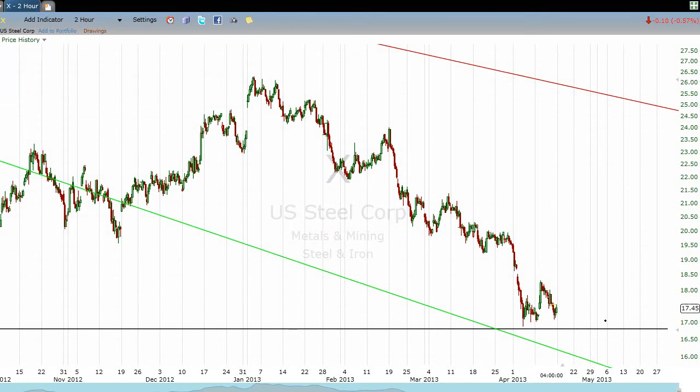Now we're down to 17 again. Is there any clue that we might get that could tell us when this short-term trend might be reversing? Well, that's about all we got right there.